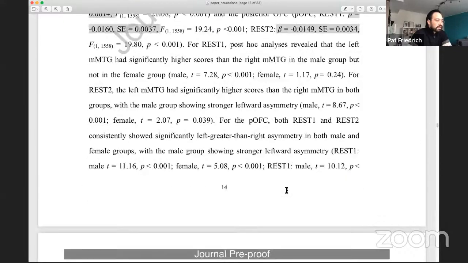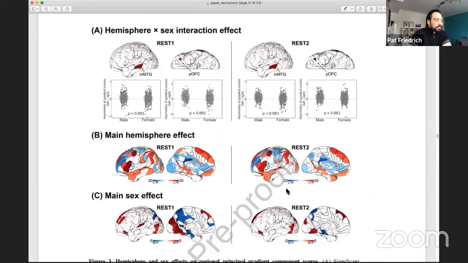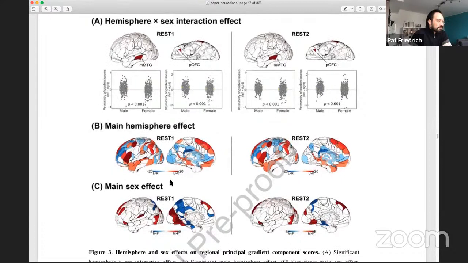And also when you look into the areas that differentiate via basically an ANOVA, you can find, first of all, main effects of the hemisphere, as well as main effects of sex in various regions. So these areas differ in their principal gradient component scores between sex and between the two hemispheres.